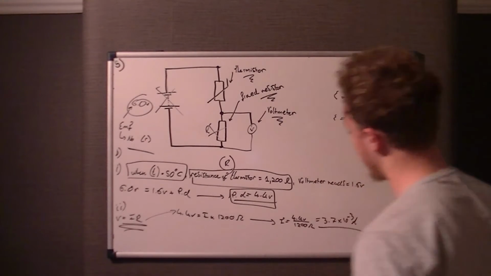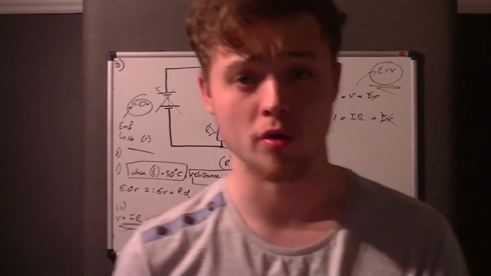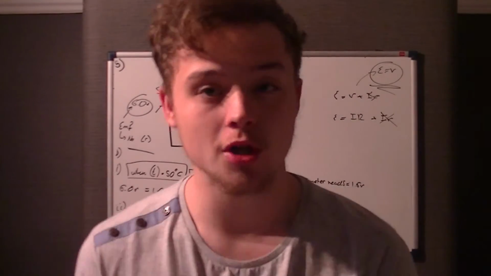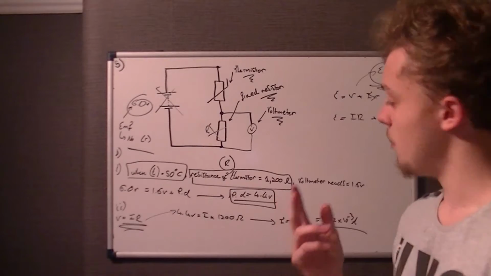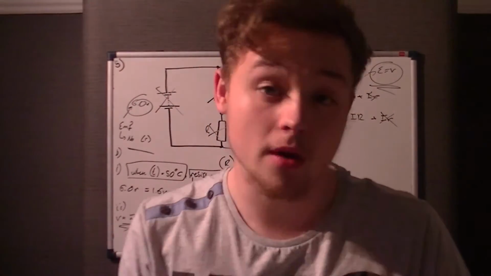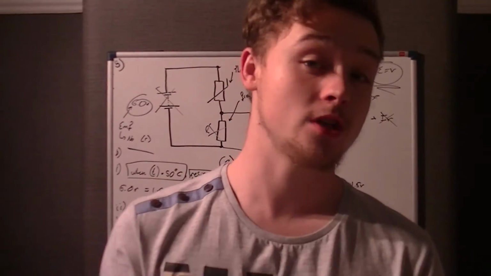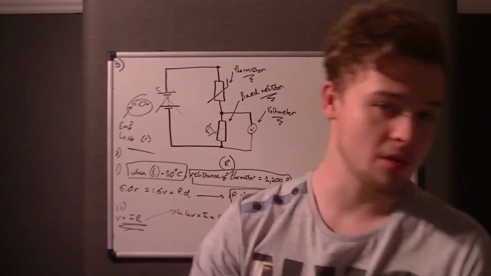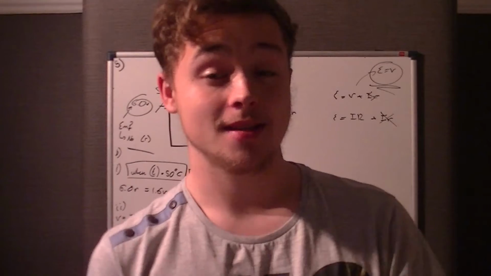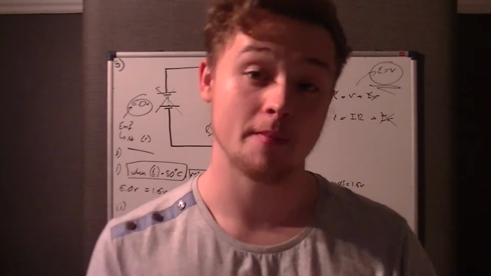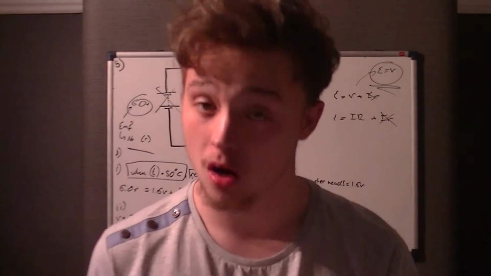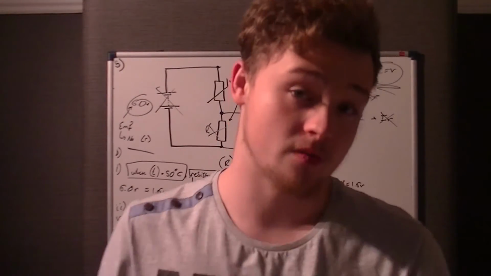Now you may go, well that seems ridiculously small for a current. Well, don't be put off by such a small number. It's logical because overall we can't change V. And I know we said that the EMF was not equal to potential difference, but it is when there's no internal resistance, because the EMF is equal to V plus Ir, r being the little internal resistance of the circuit.